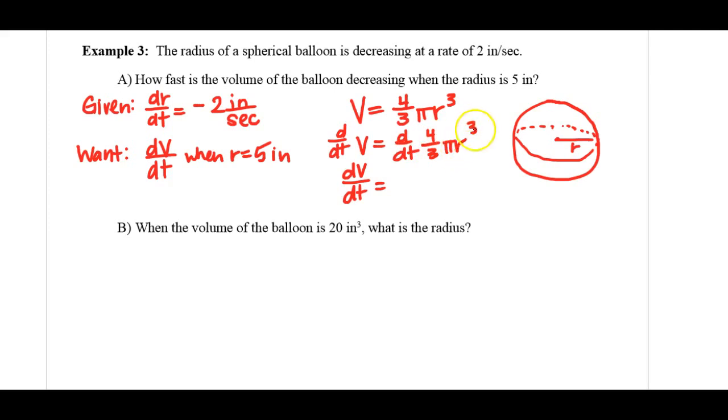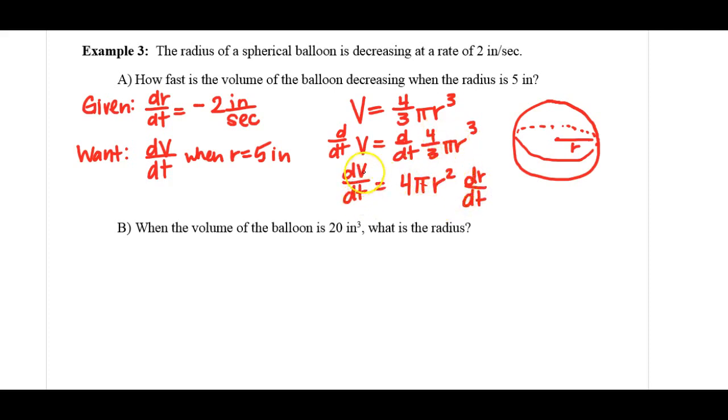So r cubed is the variable. So the derivative of r cubed is 3r squared. So 3 and 4/3 would become 4. And I'm just going to bring down the pi, and we just reduce the exponent by 1. So 4 pi r squared, and then we need to include dr/dt because this is implicit differentiation.